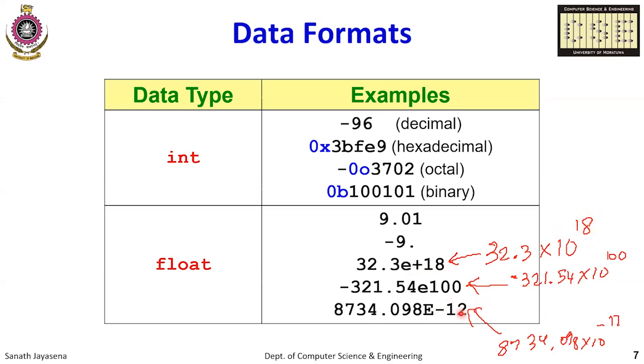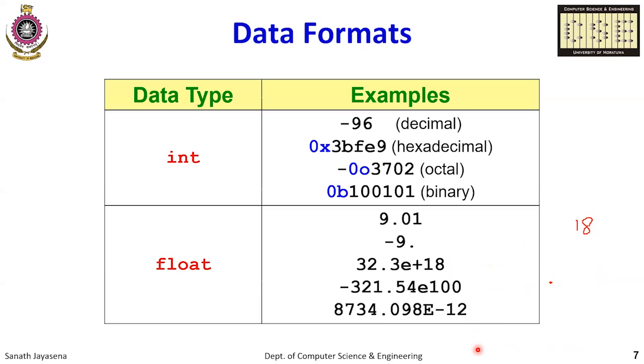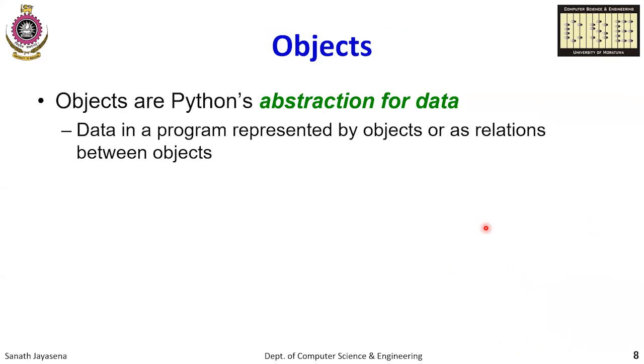But you can see here minus 12, so the power is minus 12, right? So basically, those are some different ways that you can represent data within your programs as Python understands it. In your Python expressions and statements, you can type these things in this way, right? Let's move forward.